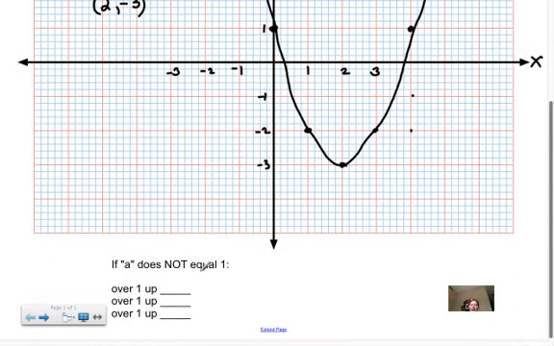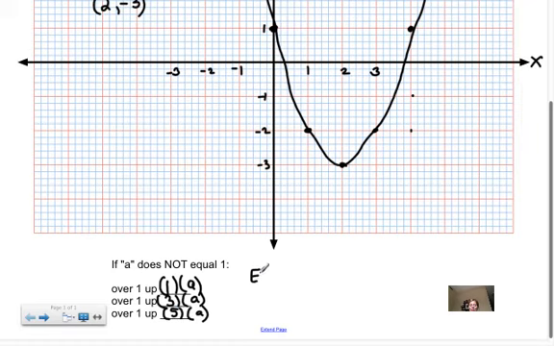Okay, if the a value does not equal 1, then the pattern, instead of being over 1, up 1, is going to be over 1, up 1 times whatever the a value is. And then it's going to be over 1, up 3 times whatever the a value is, and over 1, up 5 times whatever the a value is.